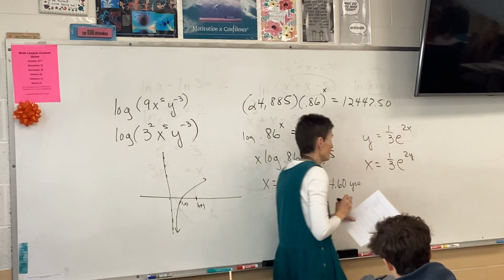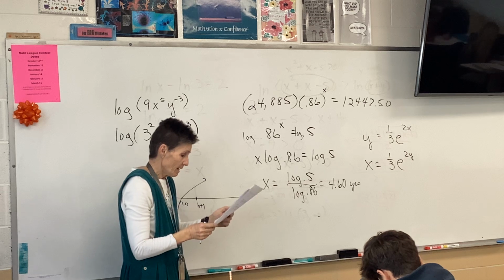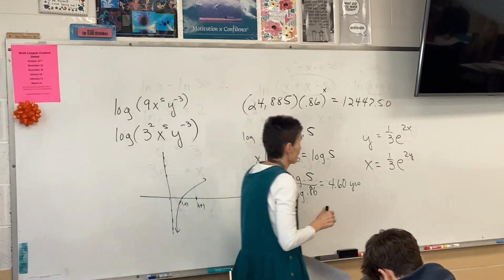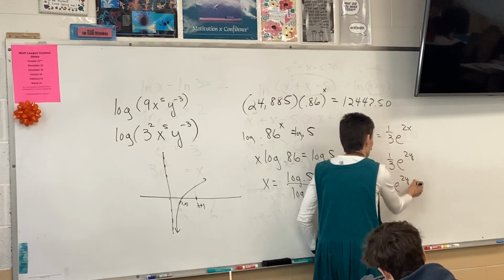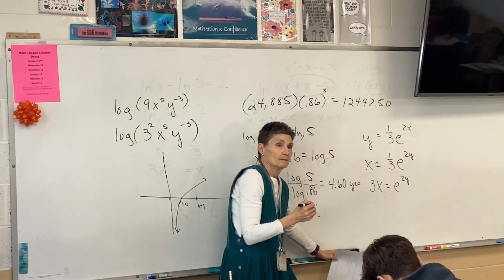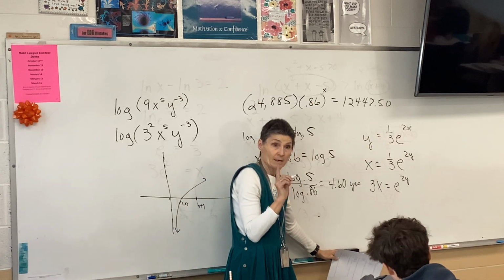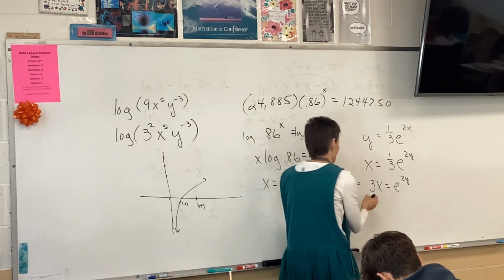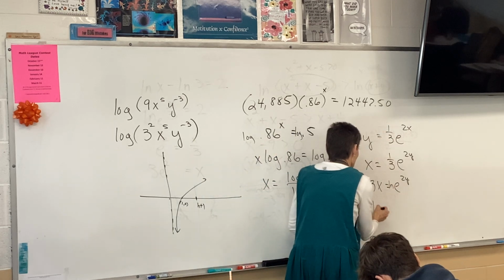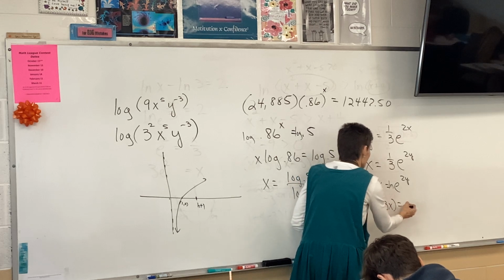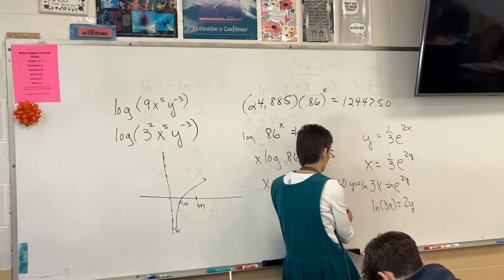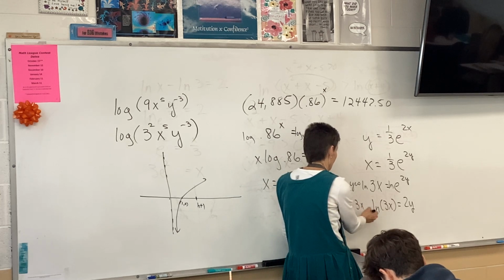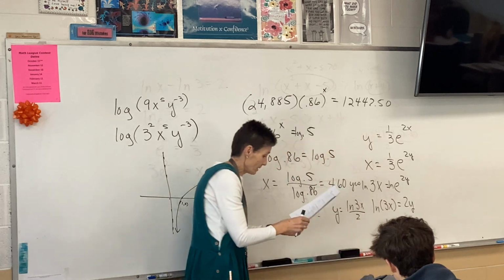So you'll switch your variables first of all. And then what? Times by 3? And then ln, since it's an e. So ln 3x equals 2y. So that's what I got.